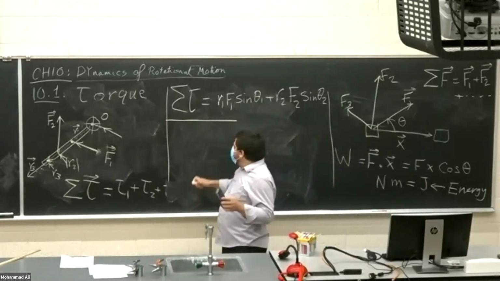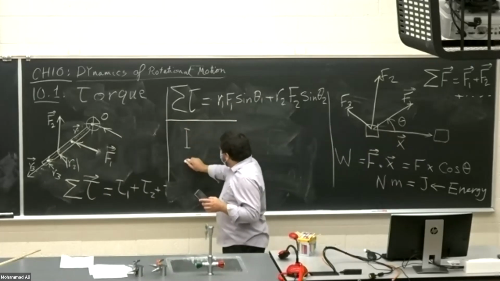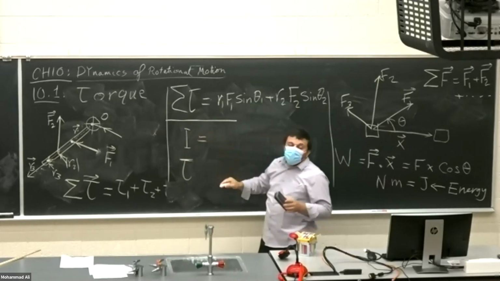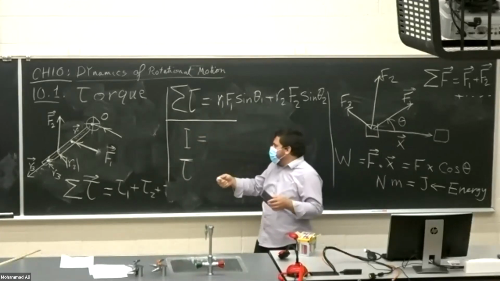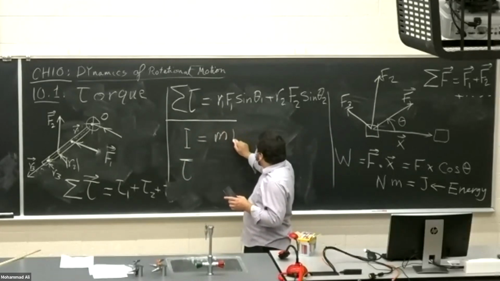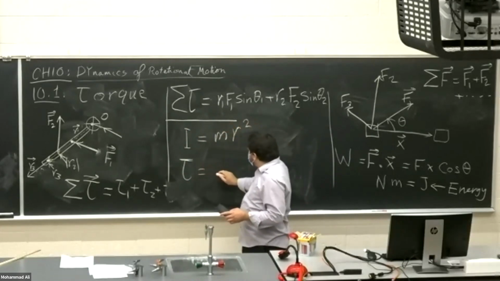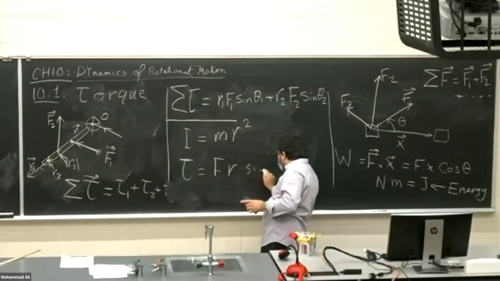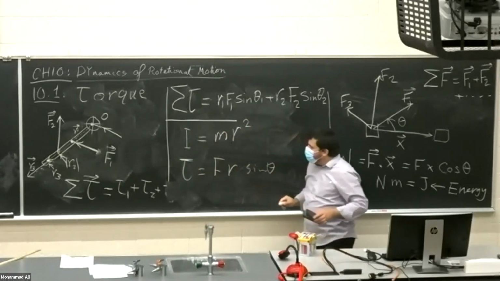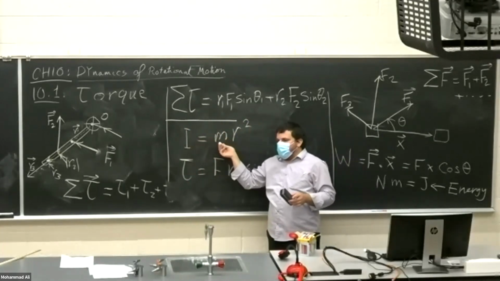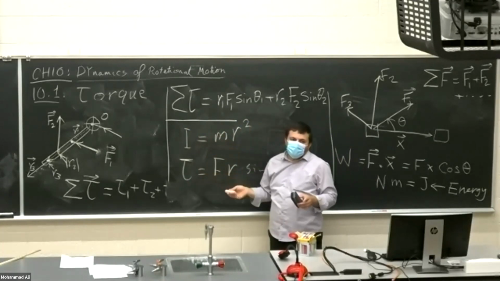The moment of inertia, if you remember that, it is I. The torque is tau. The moment of inertia is the rotational effect of the mass, which is the mass multiplied by r squared in general. But the tau is the force multiplied by R by sine theta. This is a rotational effect of the mass. This is a rotational effect of the force.